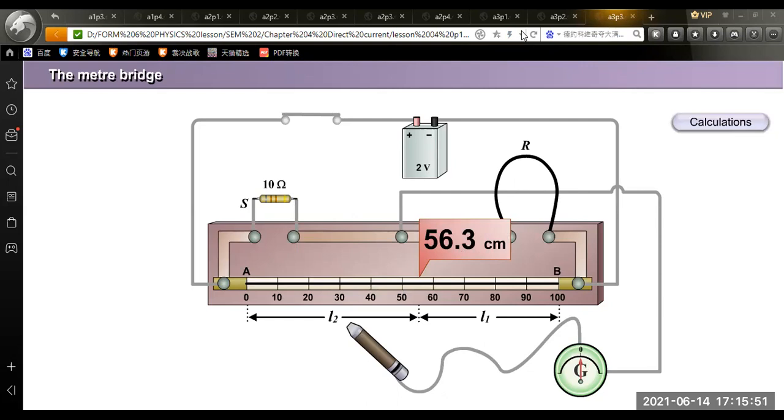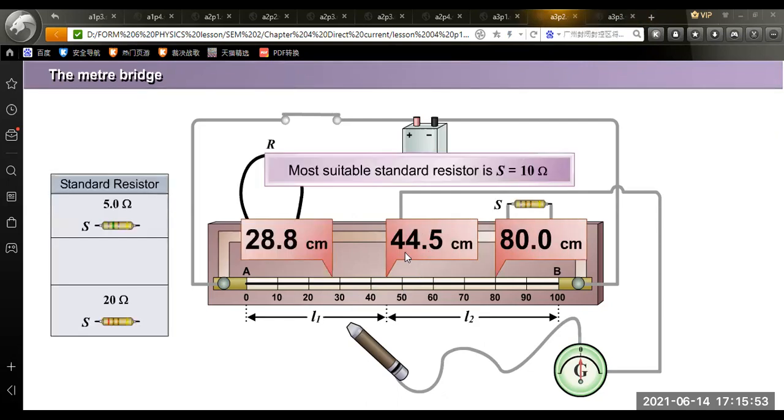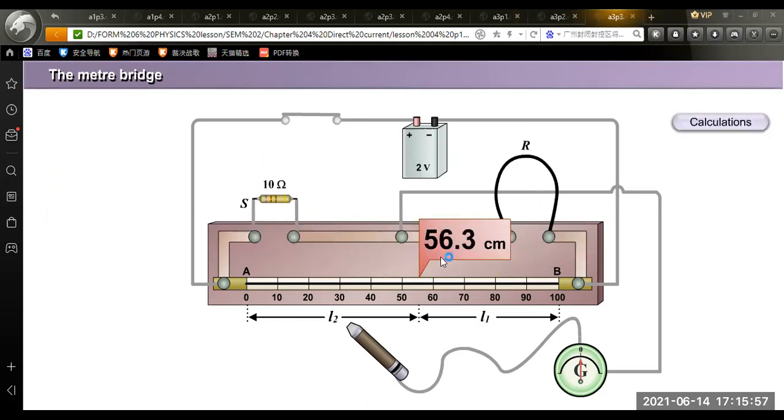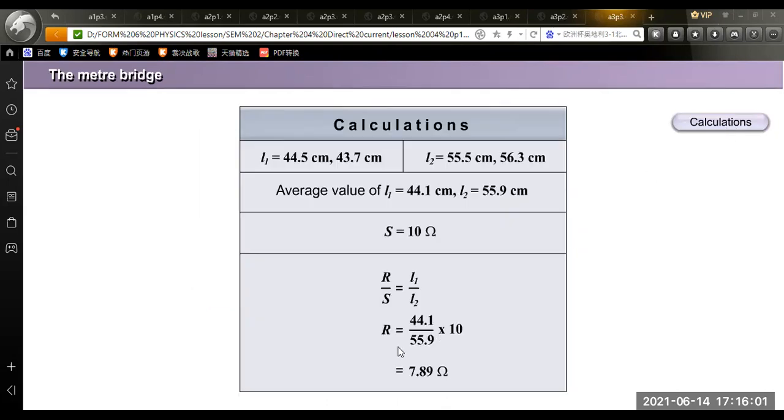Just now it was 44.5, now 56.3, so almost equal. That means L1 is 44.5 and 43.7. For the second one, where we exchange, L2 will be 55.5 and 56.3.